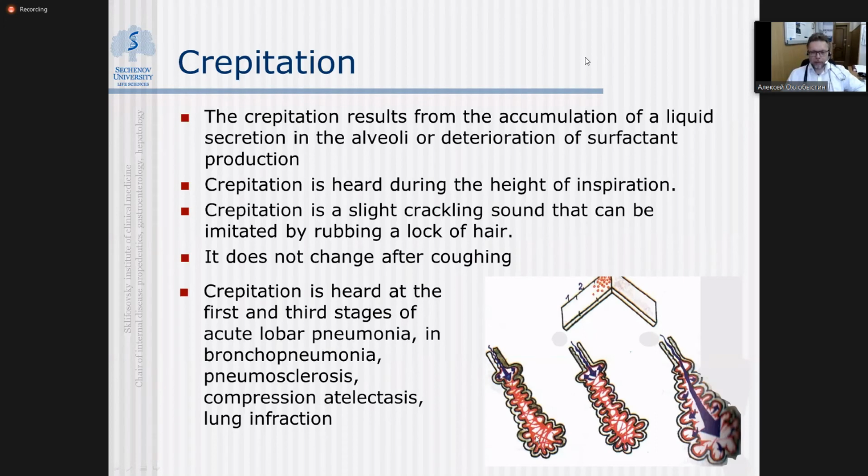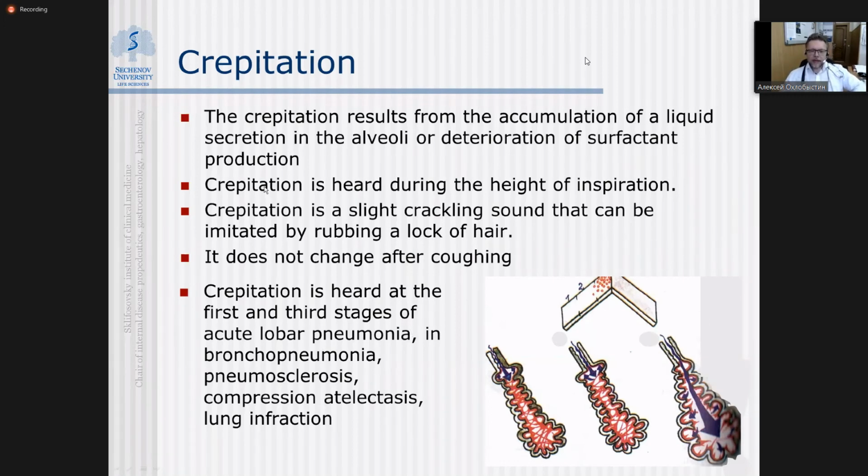Rales are for bronchitis, crepitation is for pneumonia. If your patient has both moist rales and crepitation, the patient has both pneumonia and bronchitis. It's quite a common situation. Only crepitation, just pneumonia without bronchitis. Only rales, just bronchitis.